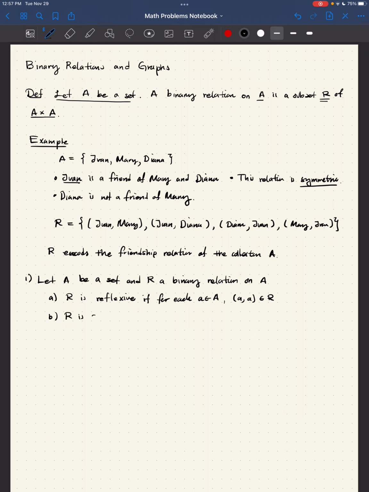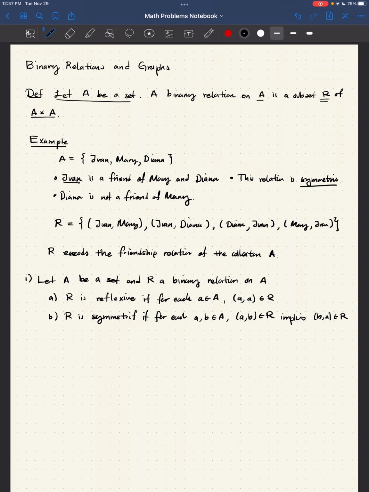R is symmetric if for each a and b in A, we have that (a, b) in R implies (b, a) in R. So this is like good friends, right?